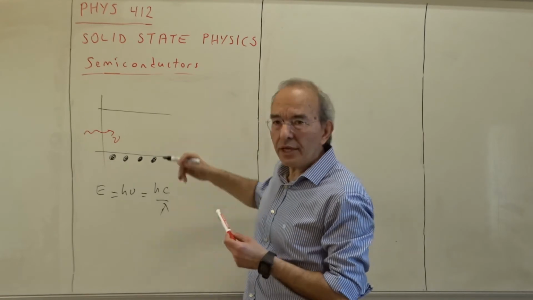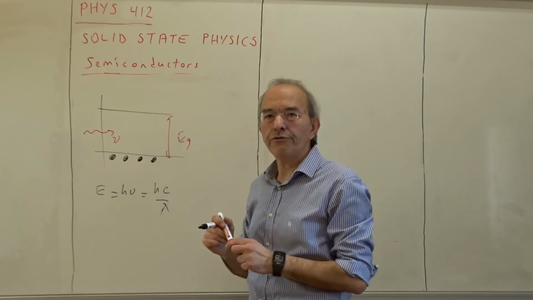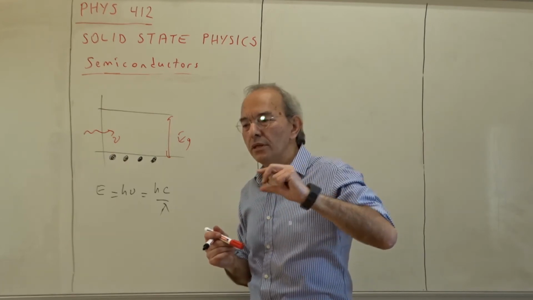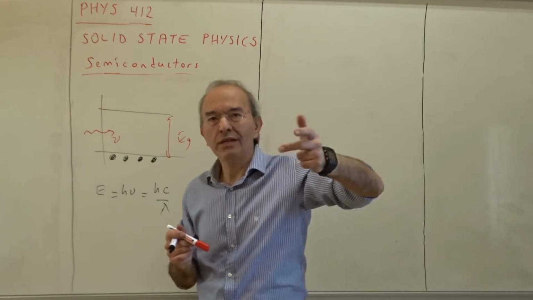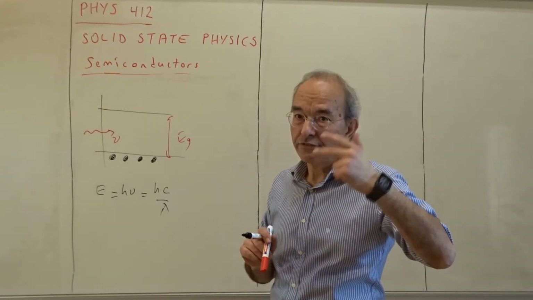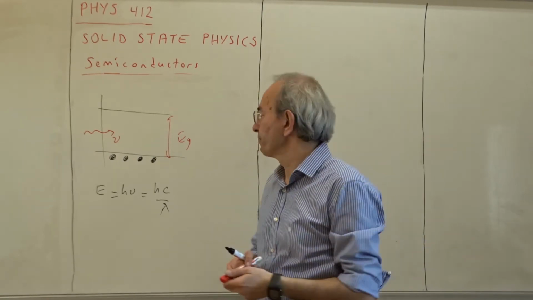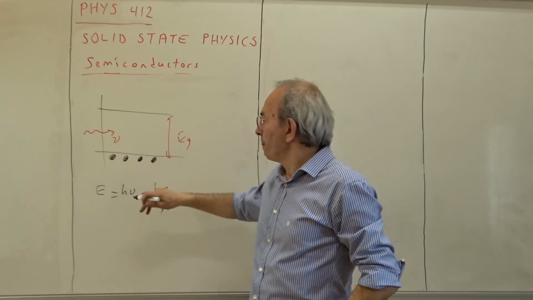So this is the energy of the incident particles, photons. Now, on the other hand, we have the band gap. This is the band gap Eg, on the order of some electron volts, maybe 1, 2, 3 electron volts. 1.1 for silicon, 5.5 for diamond. All right, this is the picture.